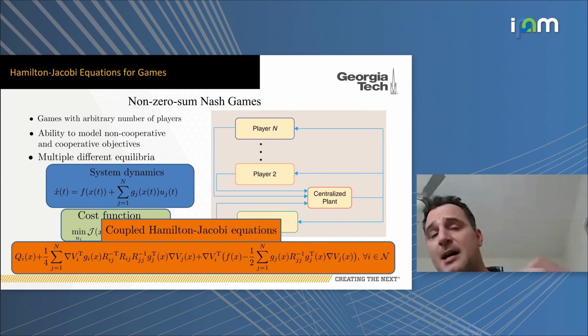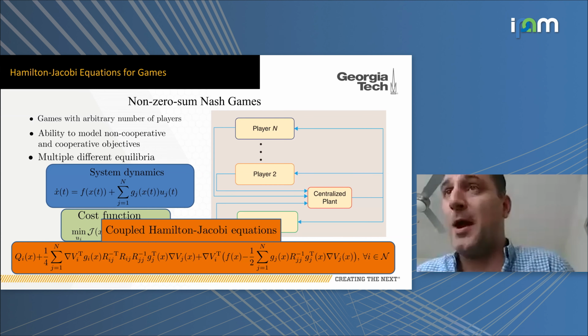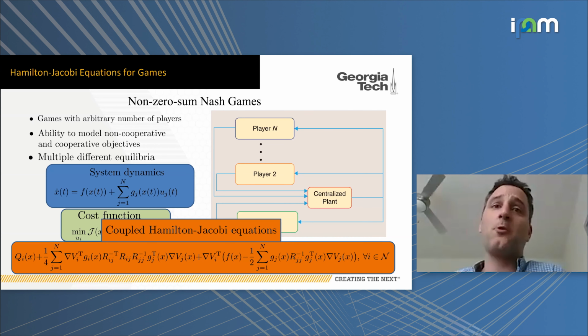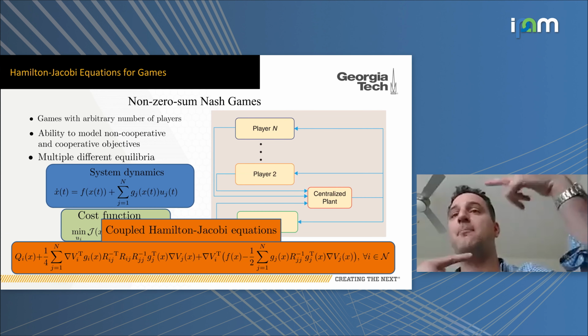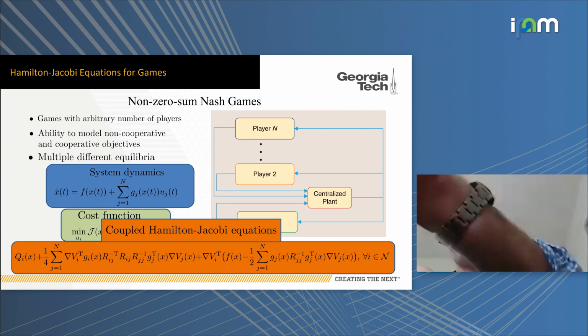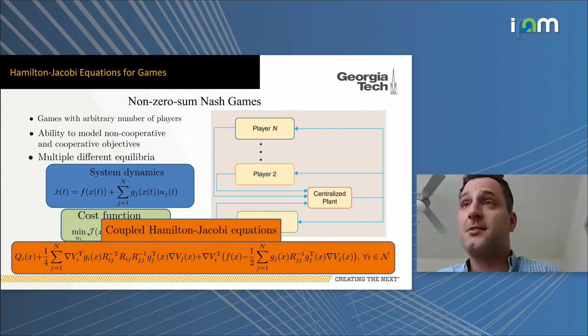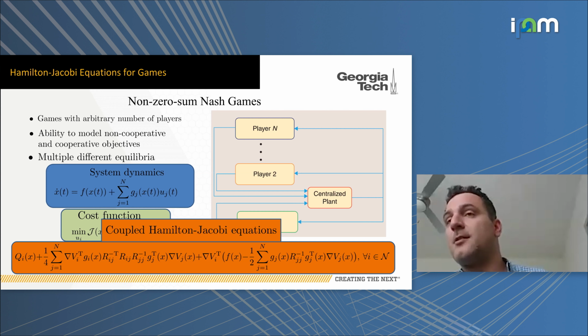Again, this gives rise to even more complicated equations, because if you have N players, as you see in my picture, then all these equations will be coupled. So you will have what are called coupled Hamilton-Jacobi equations, which are even more difficult to solve.